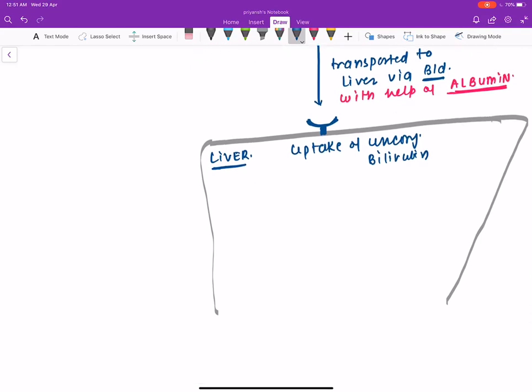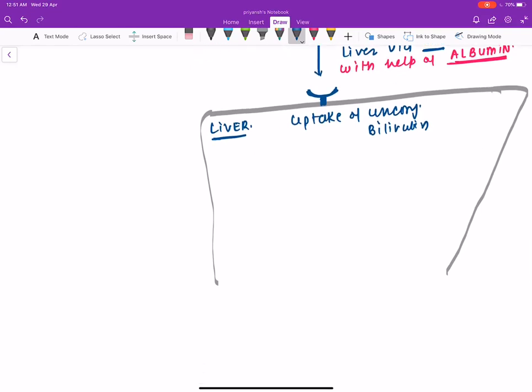What we need to do is conjugate it, because it's unconjugated. The word unconjugated here means that it is water insoluble. What we need to do is make it water soluble, so we need to add some molecule.